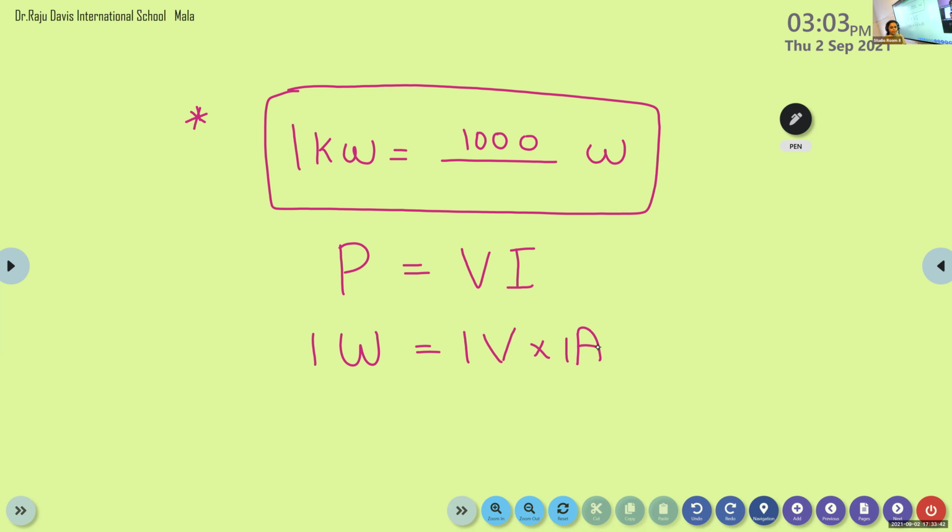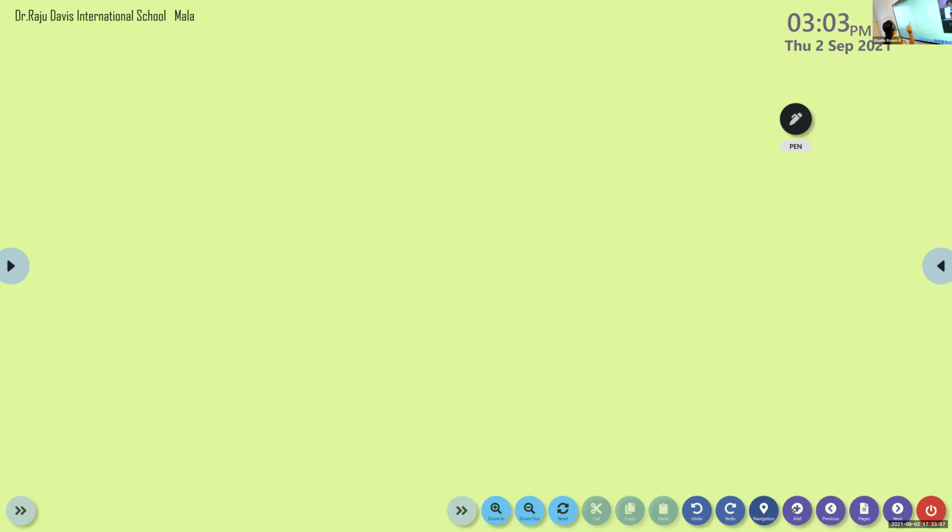It is the power consumed by an electric circuit that carries. Define 1 watt. That is what we discussed now.